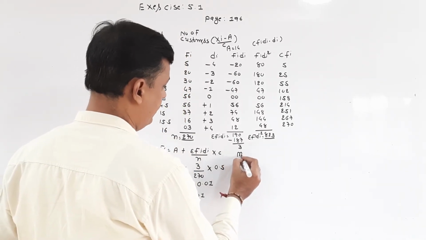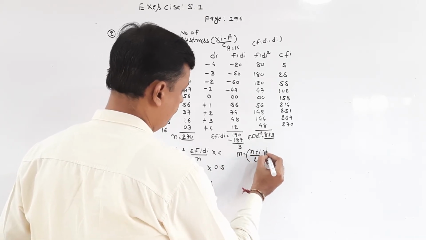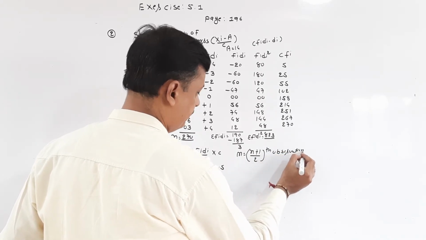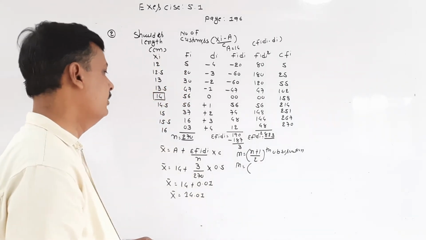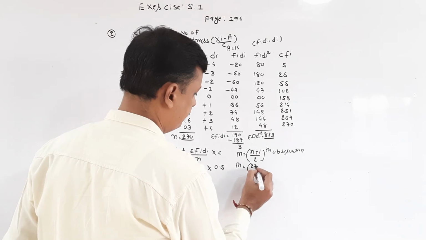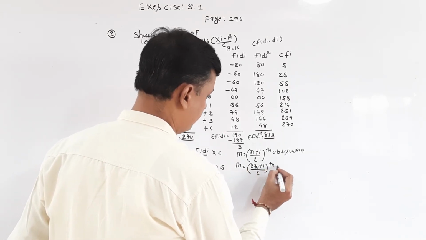So M is equal to (n plus 1) by 2 observation. The value of n is 270, plus 1 upon 2.